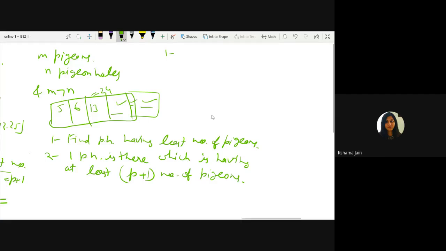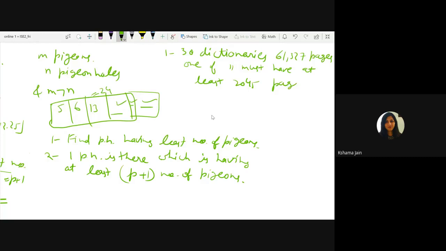Then I take the problems based on them. Very easy problems are there. Let's start with this, but interesting. Everybody note down: prove that if 30 dictionaries in a library contain a total number of 61,327 pages, then at least one of the dictionaries must have at least 2045 pages.